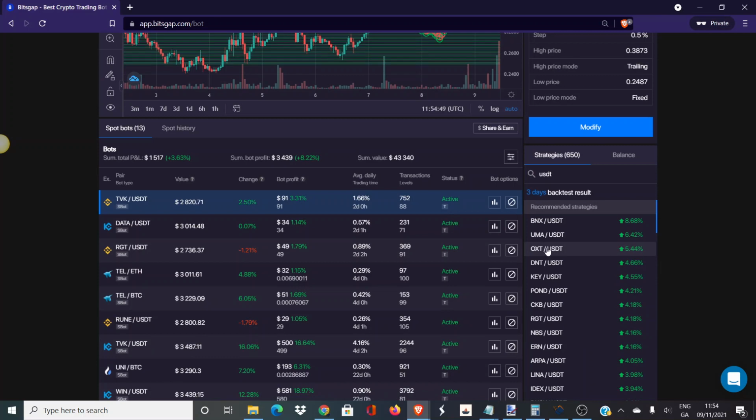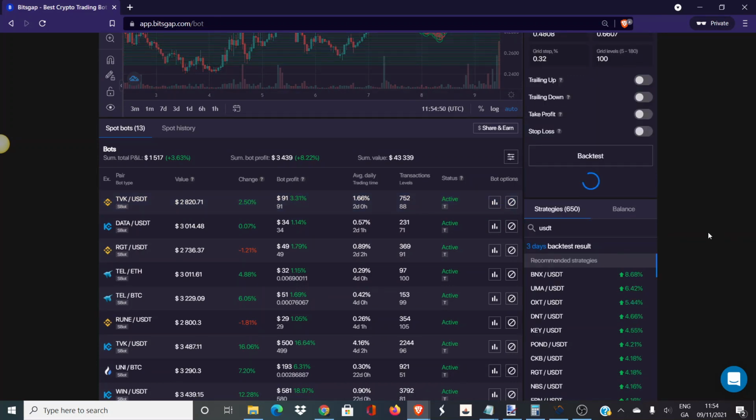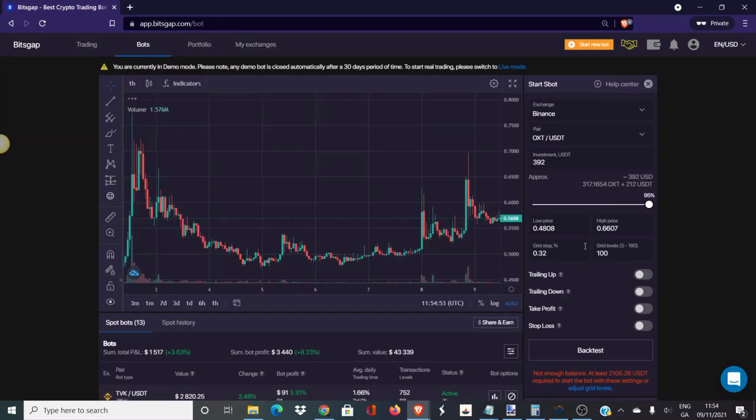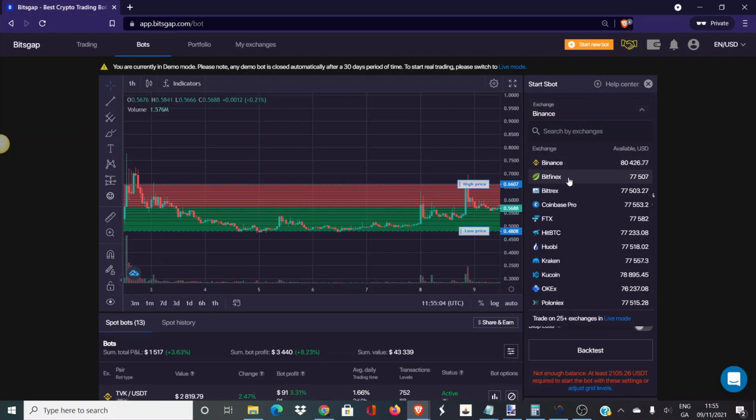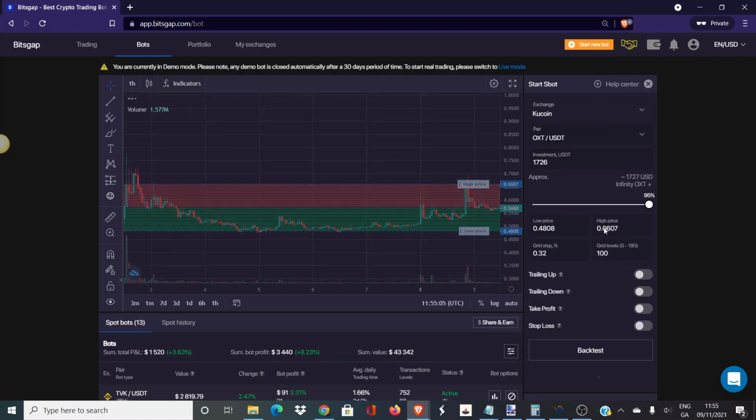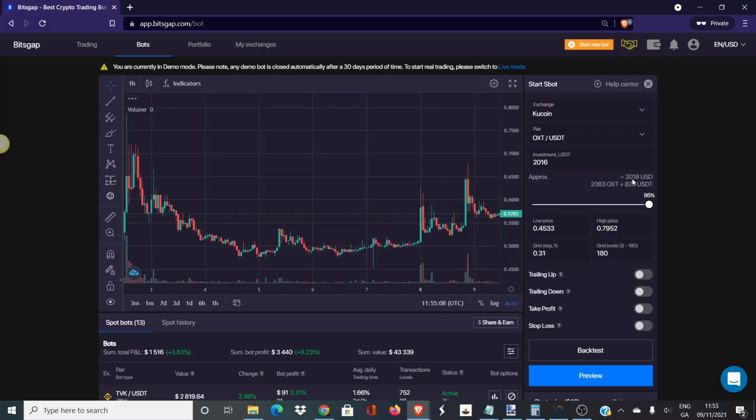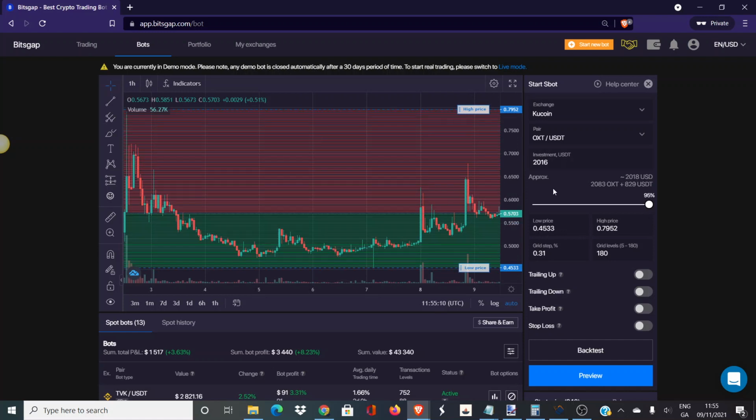I pick, for example, this one, OXT USDT. Here it says I have just 392 USD in my demo account because I used most of the money. So I'm going to pick the other exchange just for demonstration purposes. Here's the 17,2000. So yeah, that's probably good enough for this purpose.